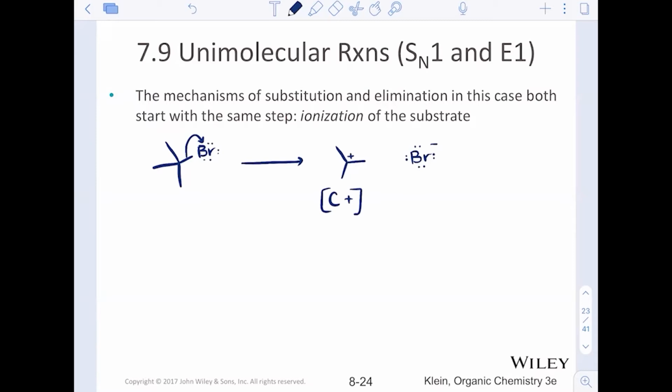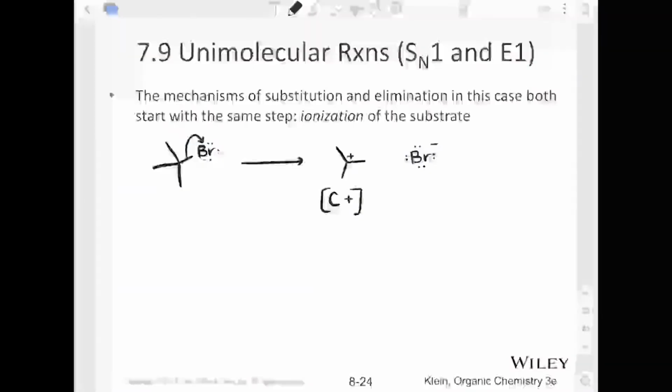Primary and methyl carbocations rarely form. What we are going to see is that SN1 and E1 are really good for tertiaries and allylics, but secondaries can also undergo them, kind of, not very well. They're really slow, but rearrangements can occur to help stabilize those secondary carbocations.